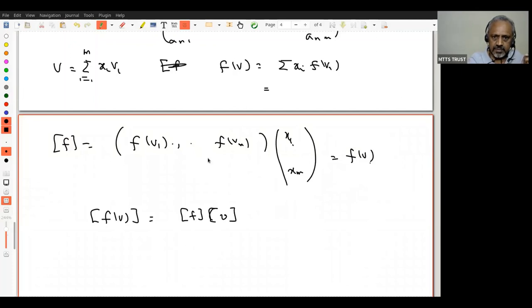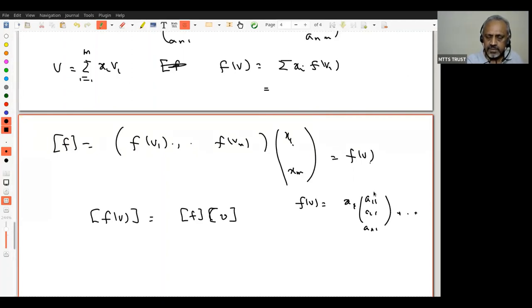Because when I am writing, I will write this as the sum of xi f of vi. You follow that. I hope all of you are following. Okay, so this is a matrix. I want to look at f of v. What will be f of v? f of v is the sum of xi f of vi, but that is going to be x1 into a11, a21, ..., an1, and so on.